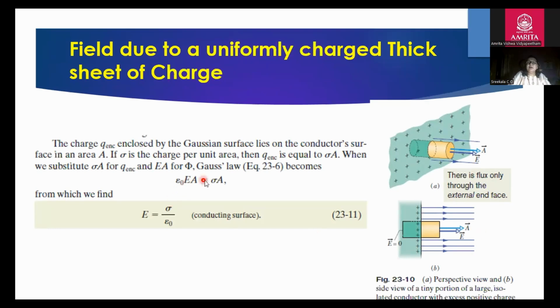So there, this will be EA only, because it is a thick sheet of charge. So epsilon 0 into EA is equal to sigma into A, so that E is equal to sigma by epsilon 0. So electric field intensity is given by sigma by epsilon 0 for a thick sheet of charge. For a thin sheet of charge, it will be sigma by 2 epsilon 0.